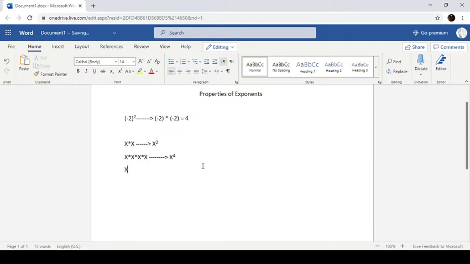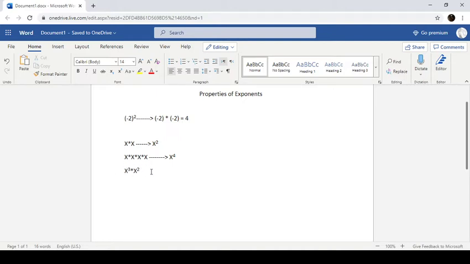Because then if we have something like x to the 3rd times x to the 2nd, what we're saying here is we have 3 x's here, and we have 2 x's here, and they're all being multiplied.